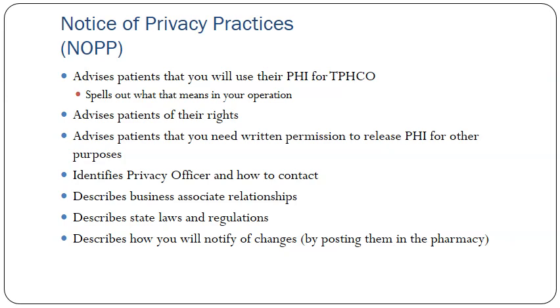It spells out what that means for your pharmacy, advises patients of their rights, advises patients that you do need written permission to release PHI for non-TPHCO purposes, identifies the pharmacy's privacy officer and how to contact that person, describes business associate relationships, describes applicable state laws and regulations, and describes how you will notify the patients of changes.